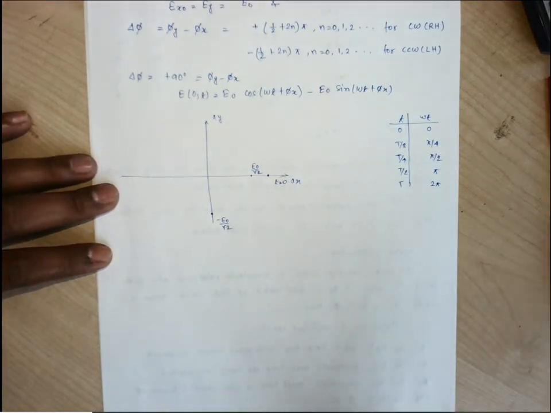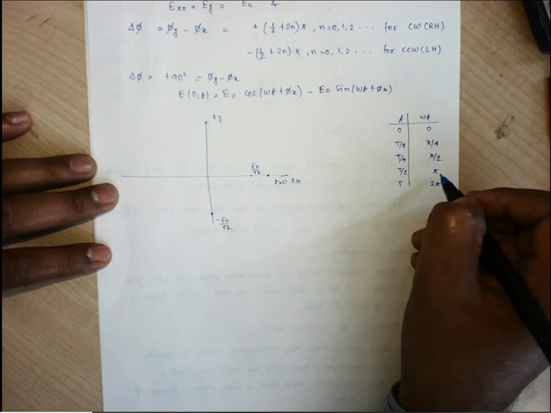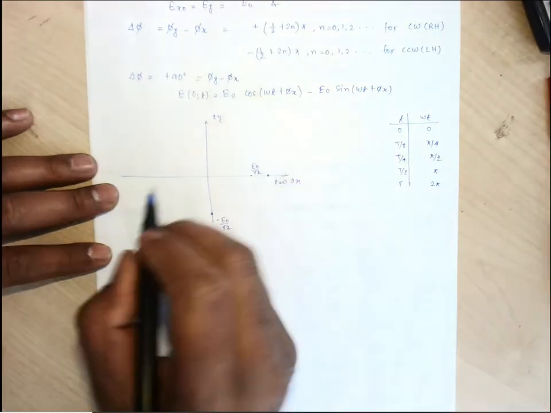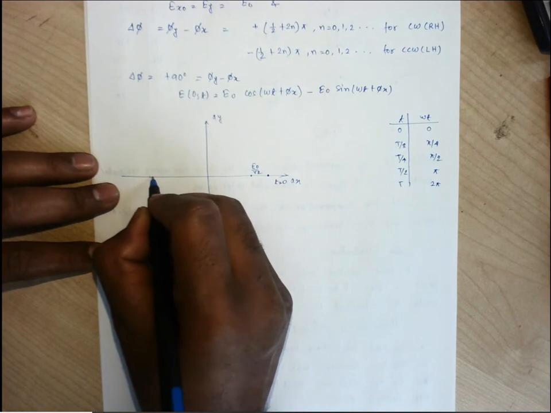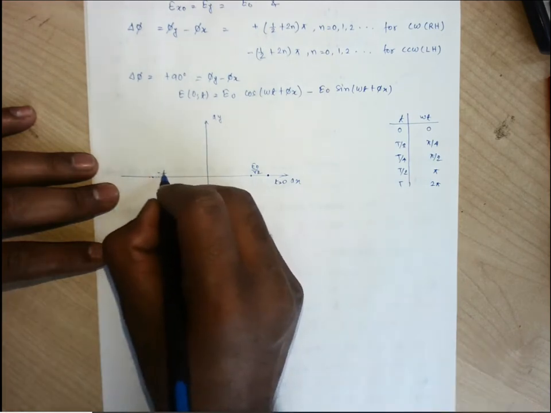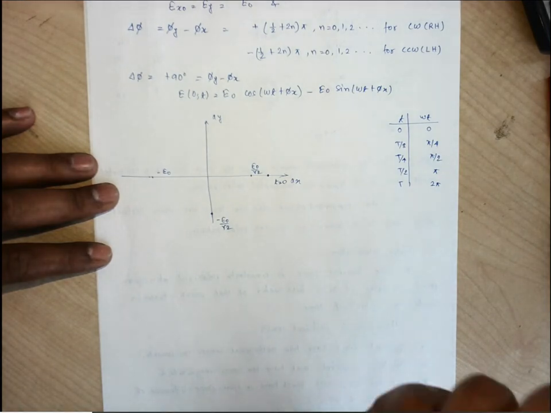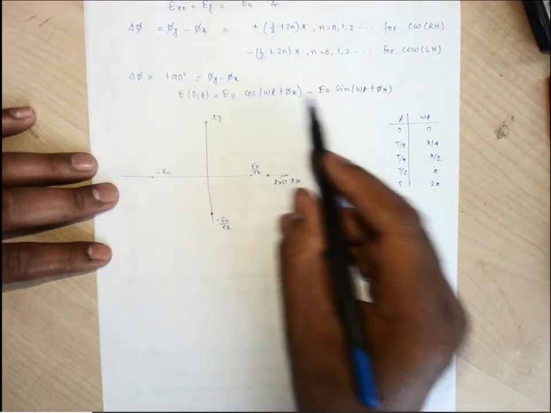If we take T by 2, that is pi, sin pi will be 0, so this one will be minus of E0. So at this point, it is minus of E0. Again if we take T, that is twice pi, it is the same point, sin will be 0, this one will be E0, so this point.